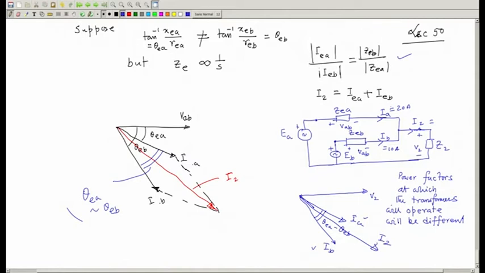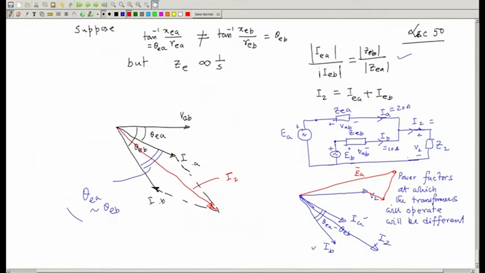Therefore, to get the EA back or EB back, you have to add, I will just indicate here, V2 plus IA RA plus IA jXA like that, and you will get EA. Same thing you will get if you add to V2 IB RB plus IB jXB.